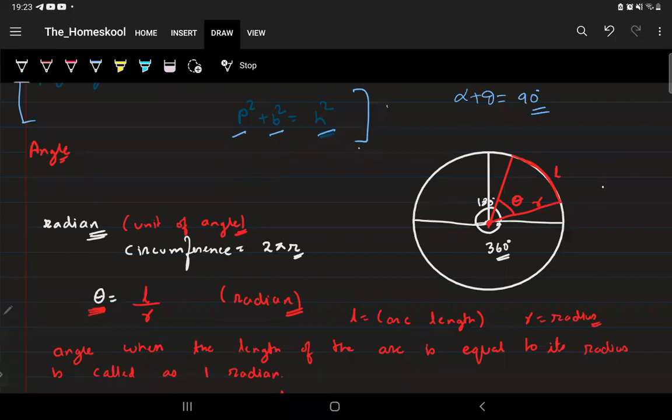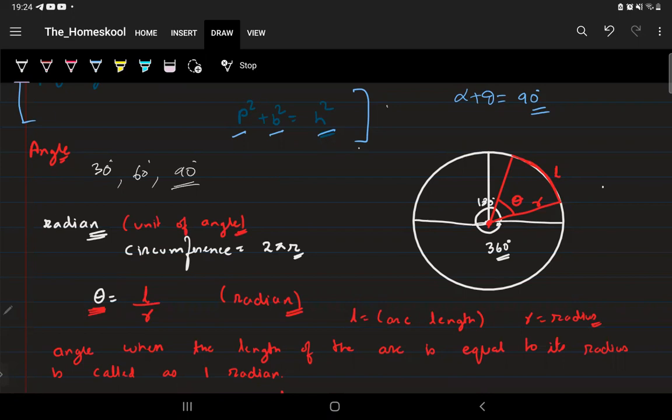Till now we used to study 30 degree, 60 degree, 90 degree. So what is this radian? Radian is just another unit of angle. Many of you had this doubt the first time we studied radian.